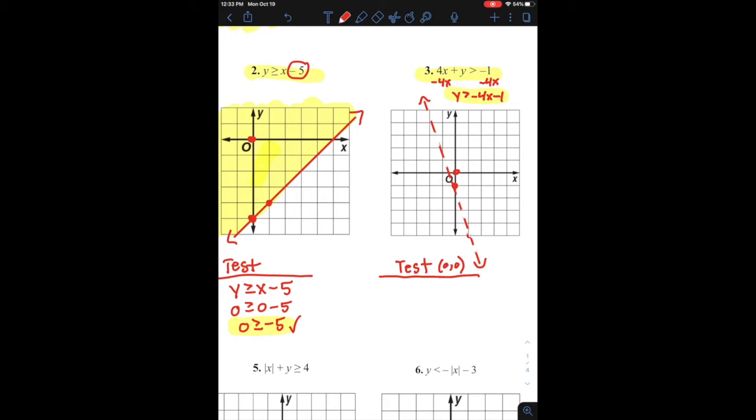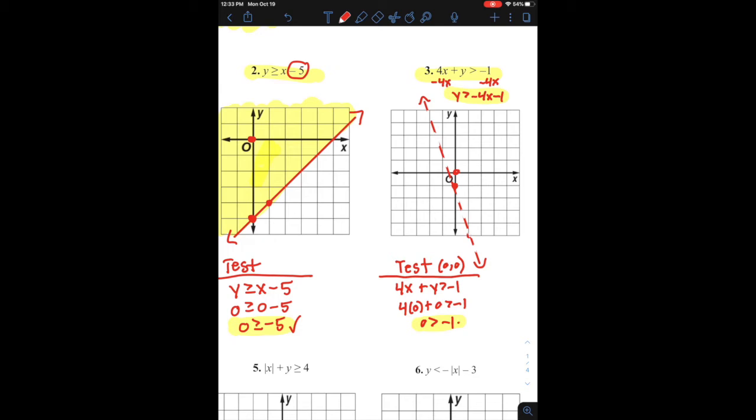What you're going to want to do is substitute into our original inequality, 4x plus y is greater than 1. We would get 4 times 0 plus 0 is greater than negative 1, or 0 is greater than negative 1. Ask yourself, is this true?